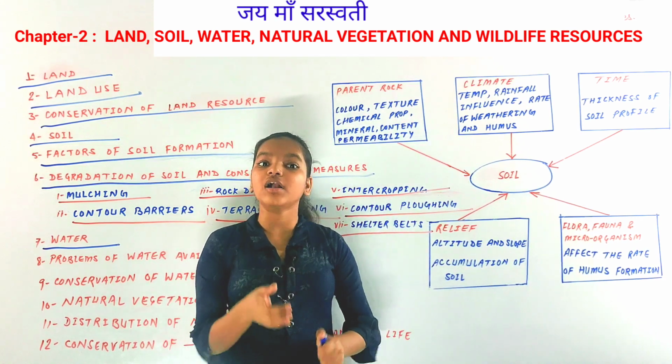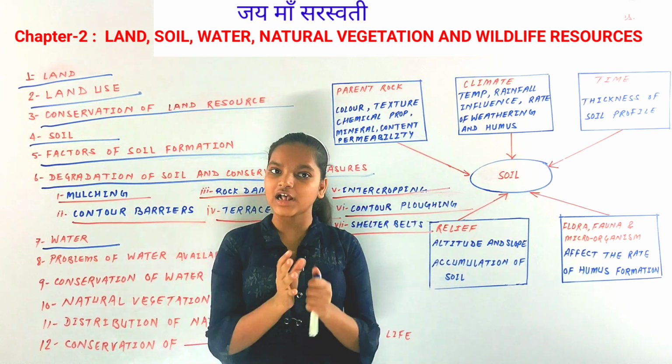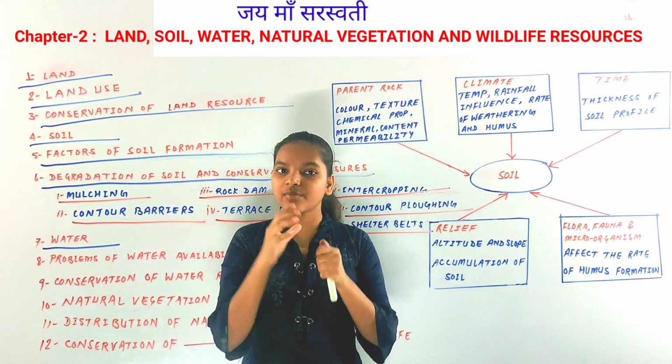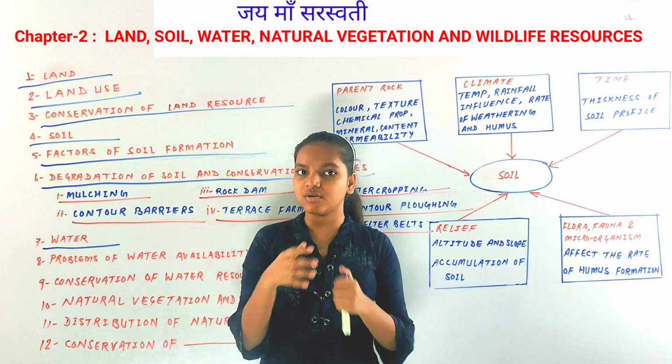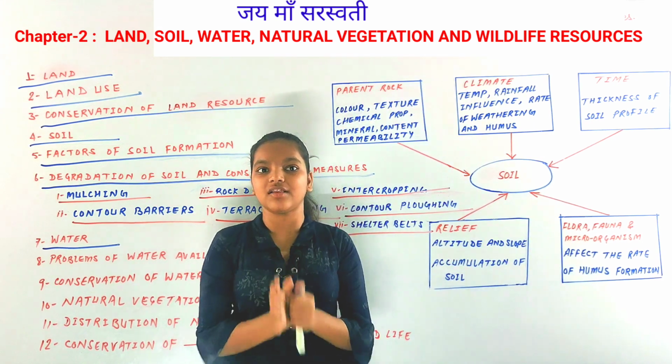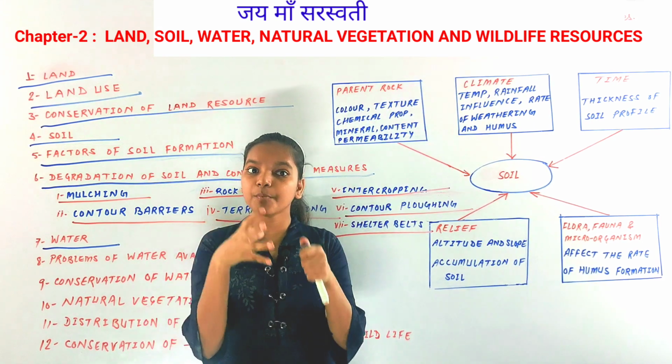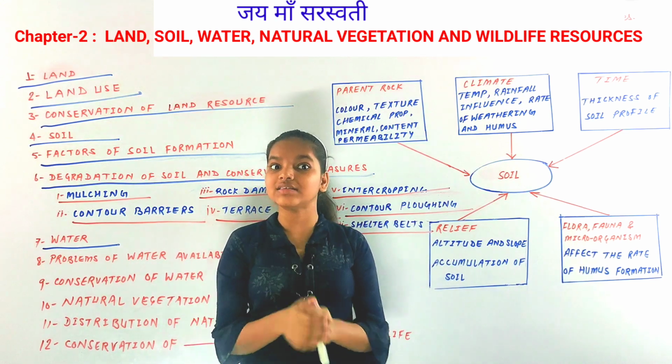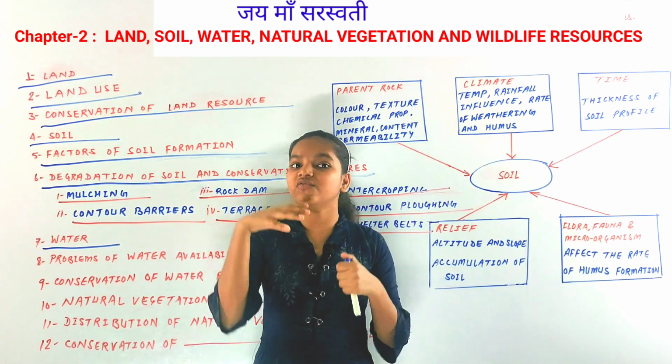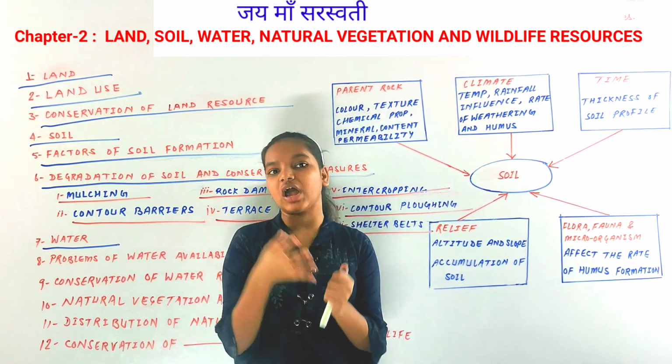So that is why only 1% of the fresh water is accessible to humans. Only 1%. So you can see how important water is for humans, and we must save it. We need to save it as much as we can.